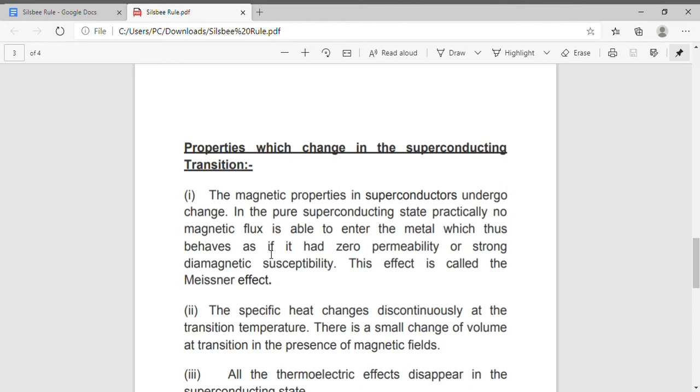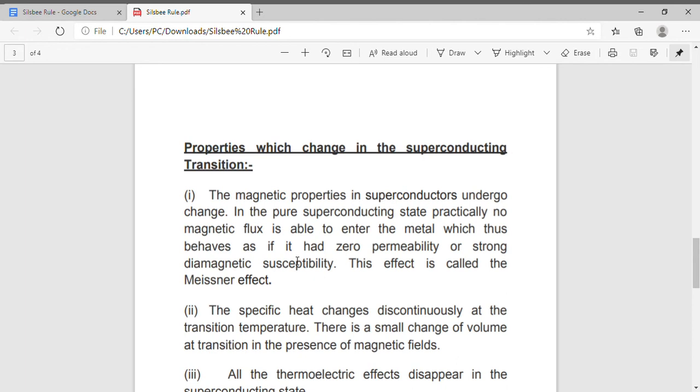Thus, if we have a temperature above Tc, the material will be normal and field lines will be everywhere, inside as well as outside. But when a superconducting transition takes place at Tc, then inside the material B will be 0 and outside there will be magnetic field lines.